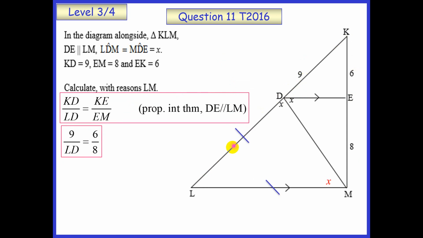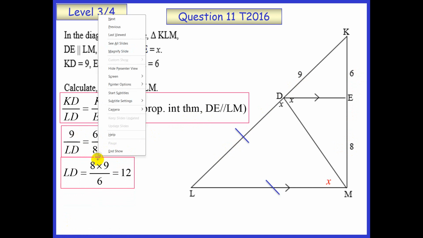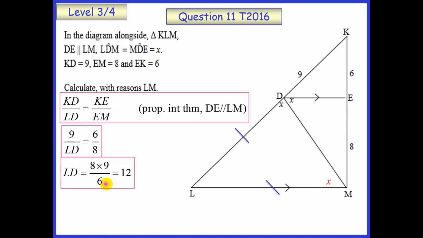So in other words, 9 over LD has to be equal to 6 over 8, and that's because of our proportional intercept theorem. From there, we can cross multiply. 6LD is equal to 9 times 8, and then we can divide by the 6, and that gives us LD to be 12.